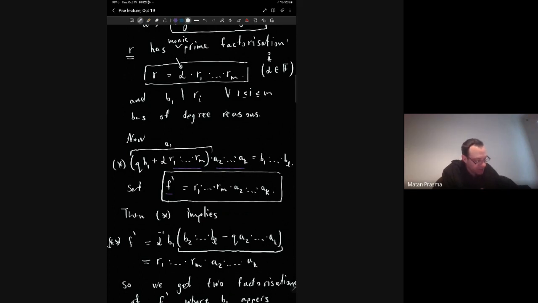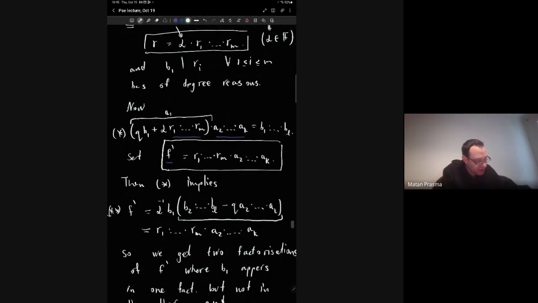Well, how do I see it? I can write F prime as this constant alpha minus 1 times B1 times whatever is left. And I can also write F prime as it was originally defined, as a product of R1 up to Rm, A2 up to AK.